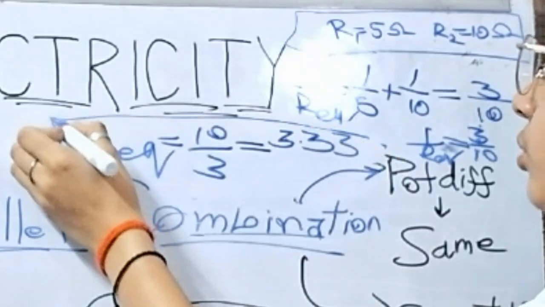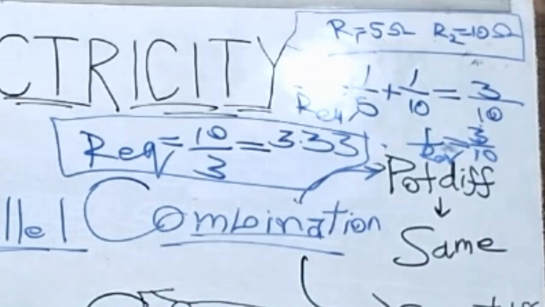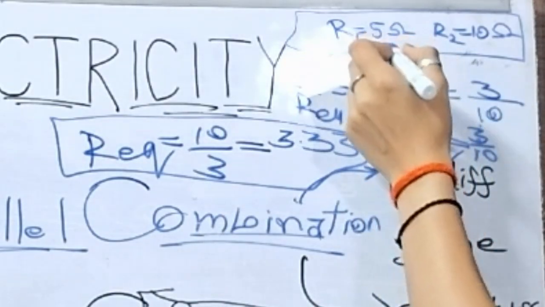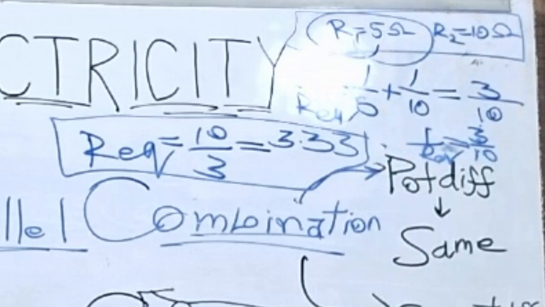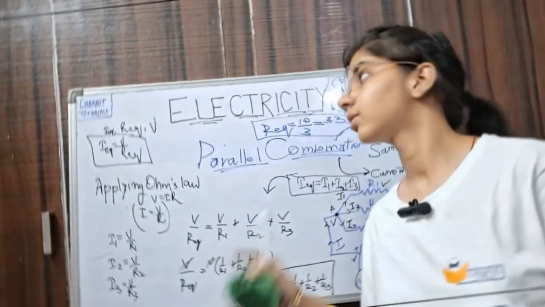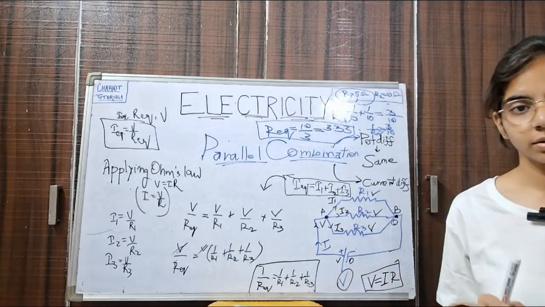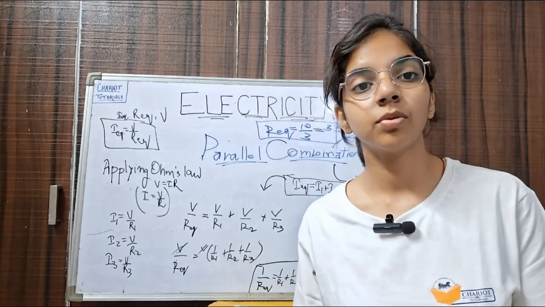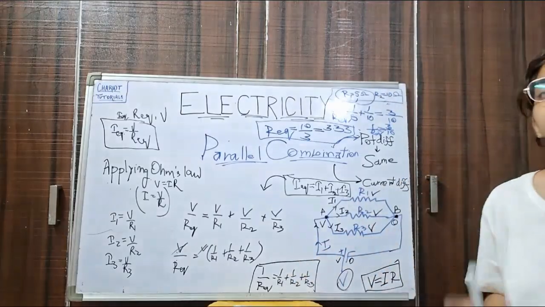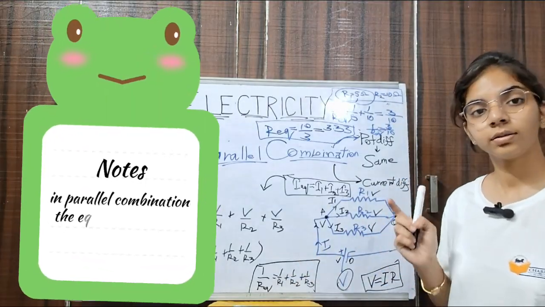So did you see? The equivalent resistance in case of parallel combination is even smaller than the smallest individual resistance that was connected in parallel. But in case of series combination, we saw that it was vice versa. The equivalent resistance came out to be even greater than the largest resistance connected in series.